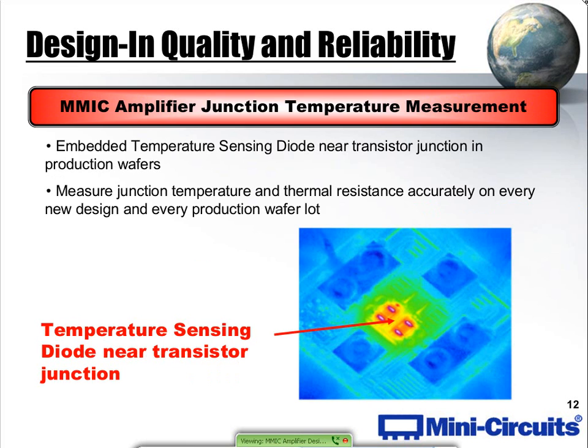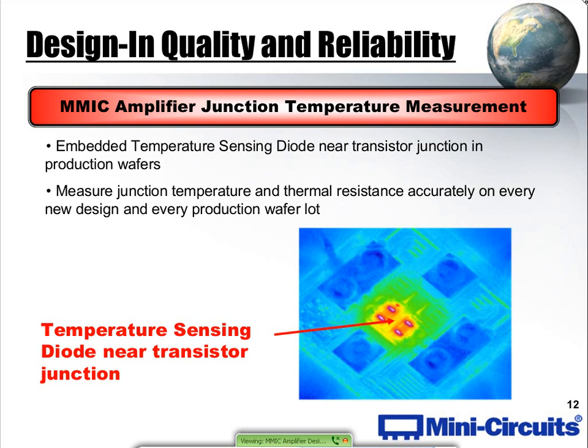Another thing that we and almost every designer out there is worried about and concerns themselves about is junction temperatures, operating within the safe operating temperature of the device. All of our devices are characterized, as everyone, for what is the actual operating junction temperature at the operating base plate temperature.